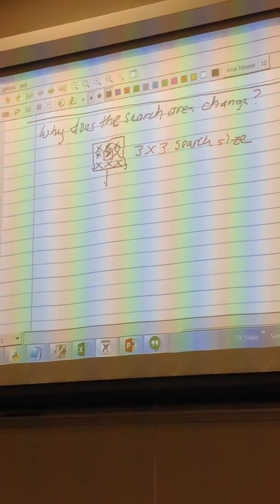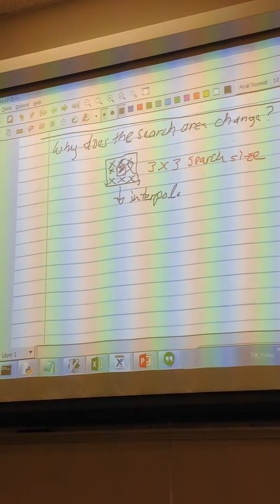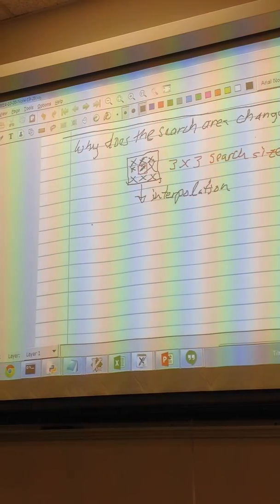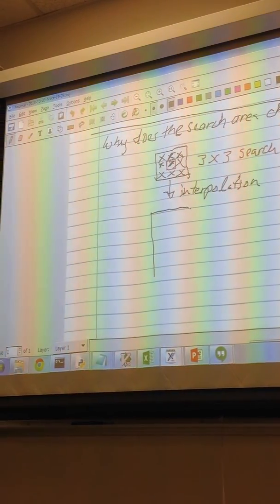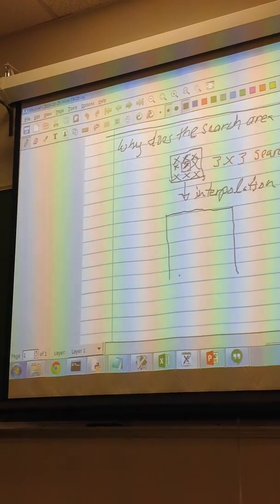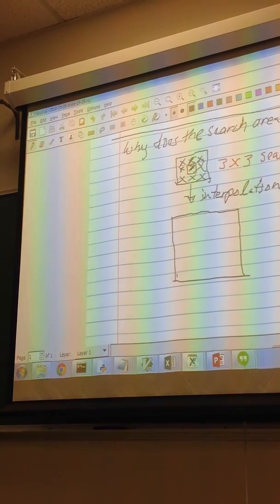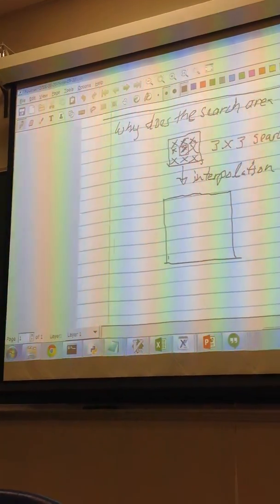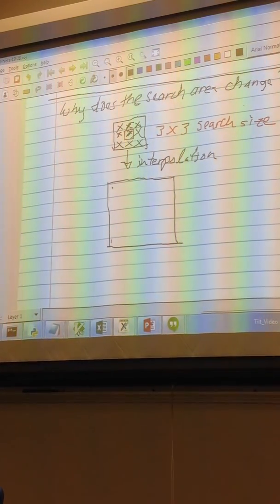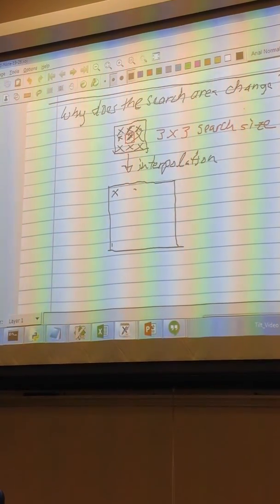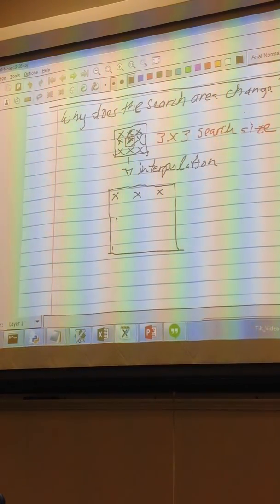If I do an interpolation here, that means this 3x3 image, we multiply it by 2. I'm going to interpolate by a factor of 2, so this is going to become a 6x6 image, right? I don't remember if I showed you how you would draw the interpolation.